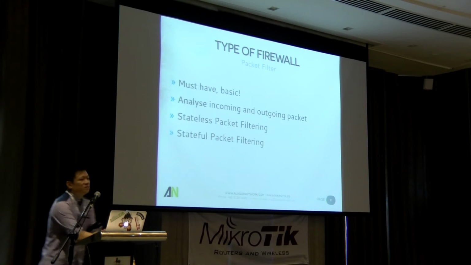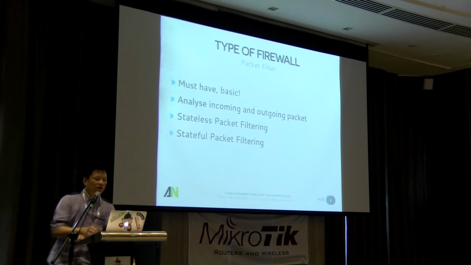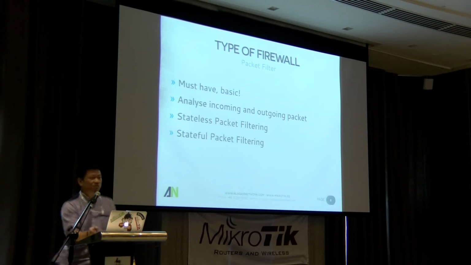So the first type is the packet filter. This is the most basic firewall. If you see a firewall and there's no packet filter function inside, throw it away. It's not a firewall. This is a must-have function because you are trying to filter what is coming in and what's going out of your network.